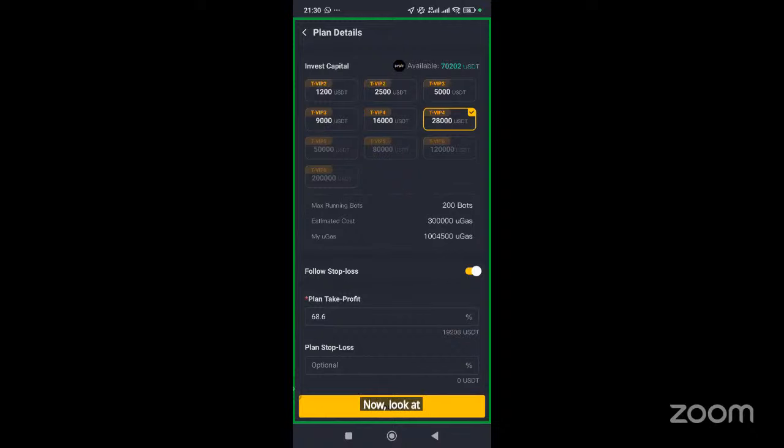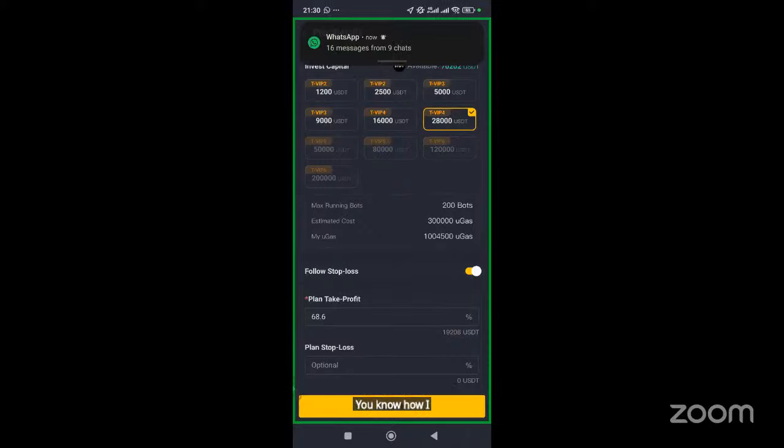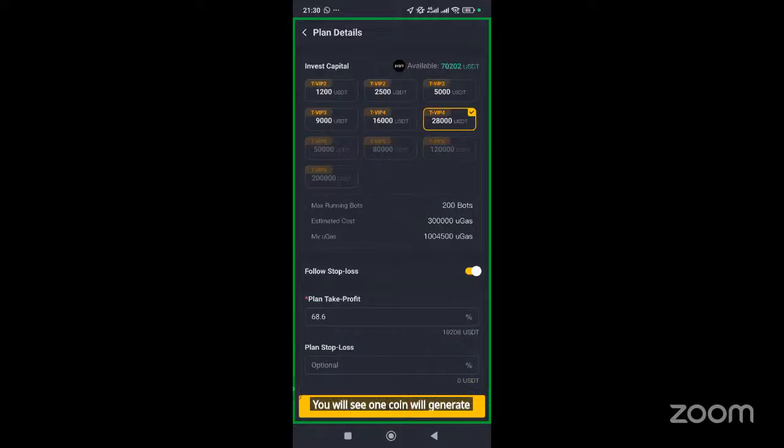Now look at this. You know how I close profit. When there are some of the trades that I close, you will see one coin will generate over $300.